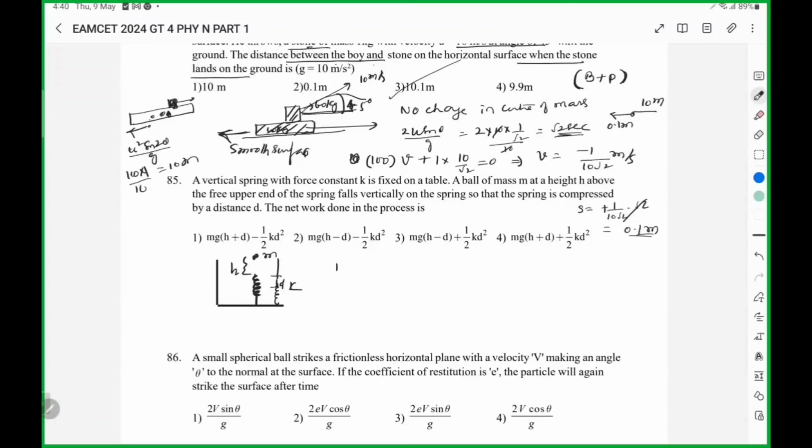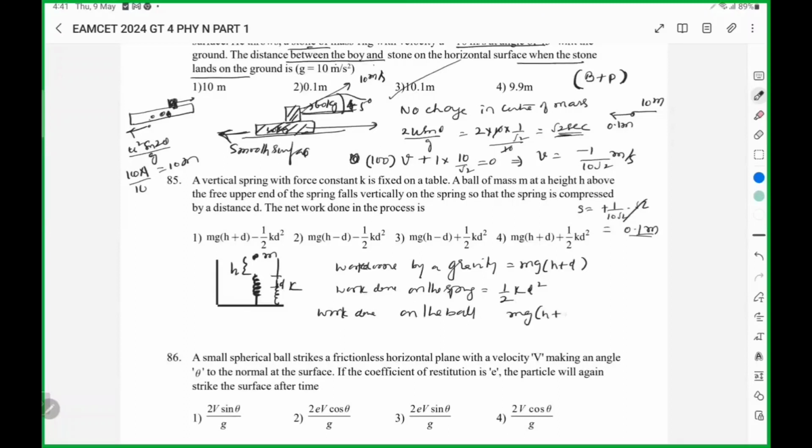The work done by gravity is mg(h plus d). The work done on the spring is half k d squared. So the net work done on the ball will be mg into (h plus d) minus half k d squared.